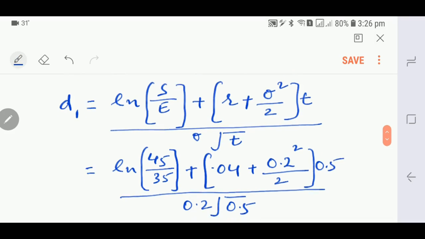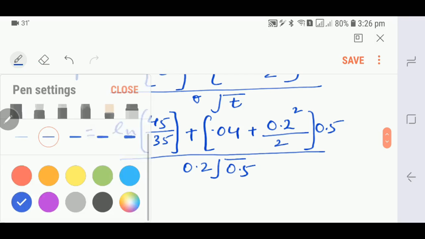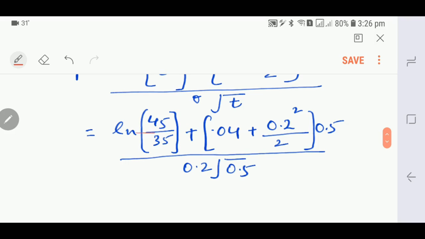Right, so this is the formulation. You can calculate it on your scientific calculator or on your financial calculator, whichever way works for you. What I usually do is break it into pieces. I would do 45 divided by 35.